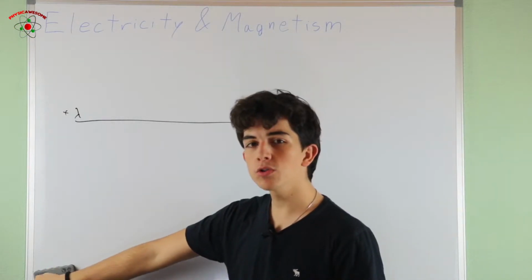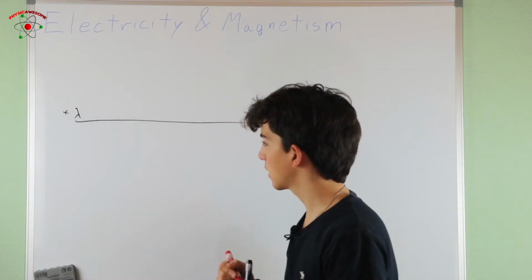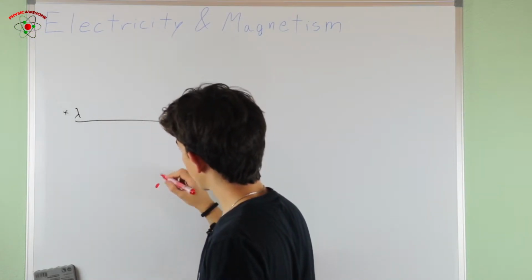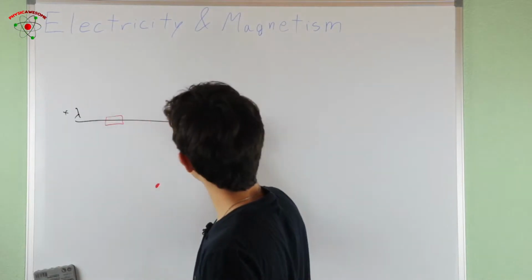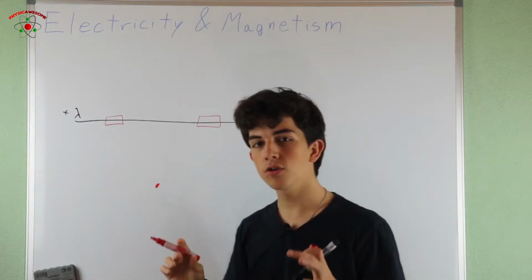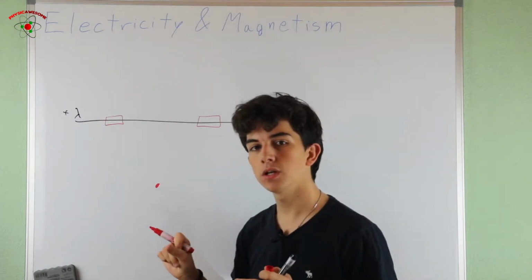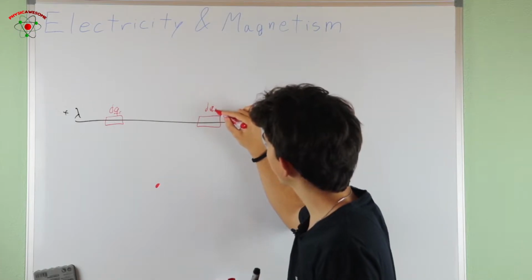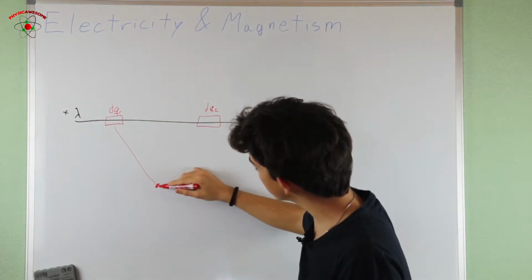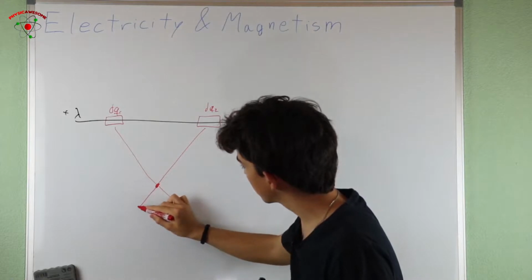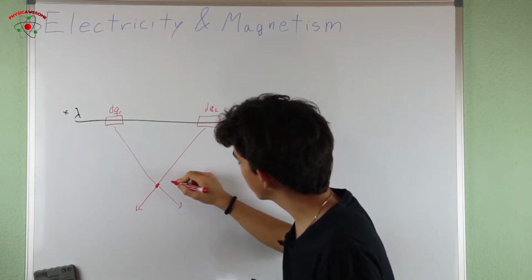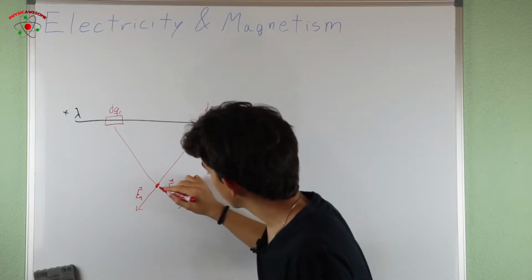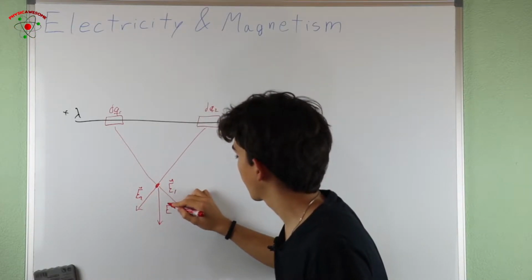So, if we want to consider the electric field at some point, for example over here, we'll have different charge elements that are going to work in pairs, dq1, dq2, and they're going to give us a total electric field. This is E1 and this is E2 in this direction.